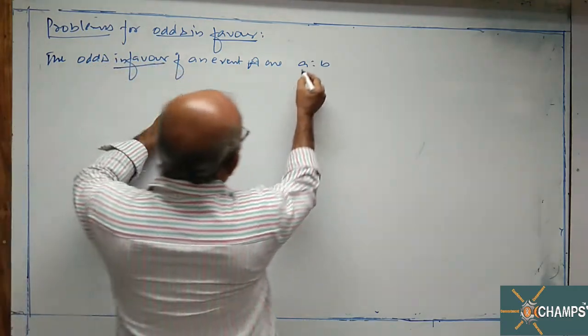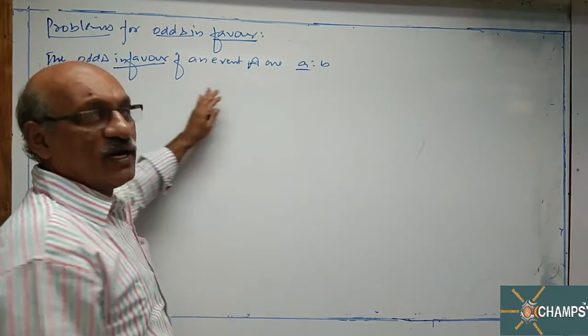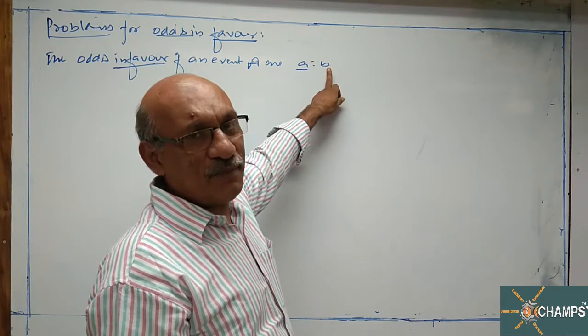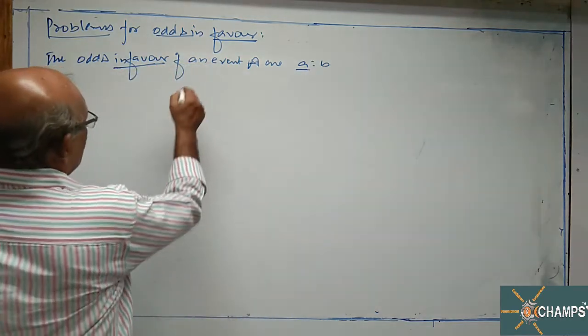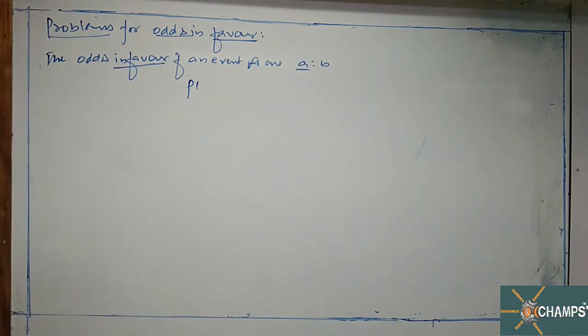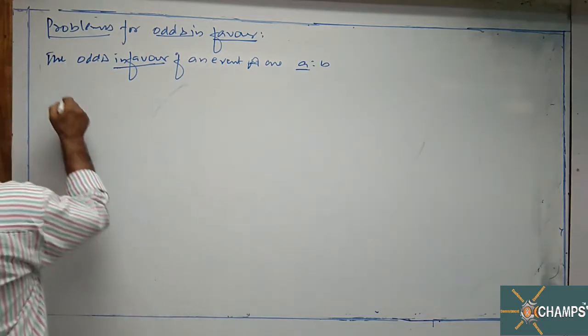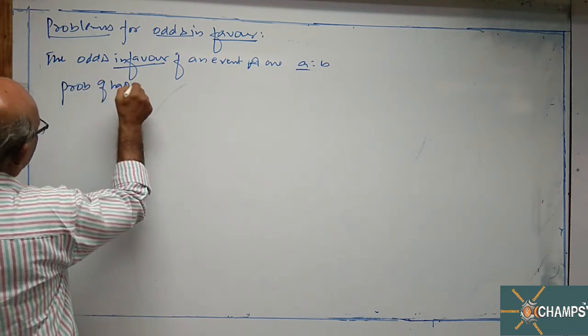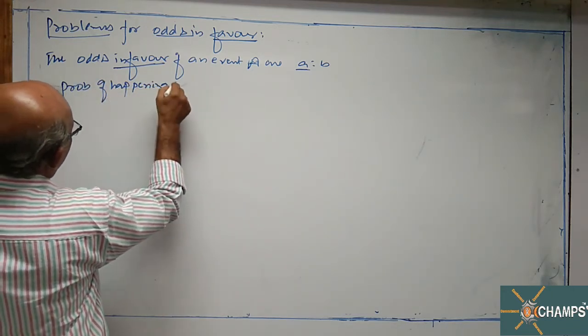A cases are supporting for happening of an event. B cases are not supporting for happening of an event. Then how can we write probability of happening of an event?